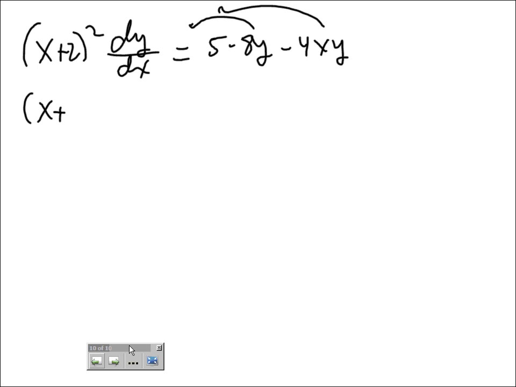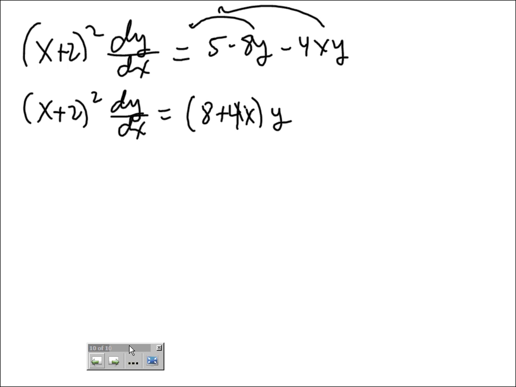And now I'll have (x + 2)² dy/dx. Now I'm rigging that a y can factor out. So the minus 8 goes over as plus 8. The minus 4x goes over as positive 4x times y.